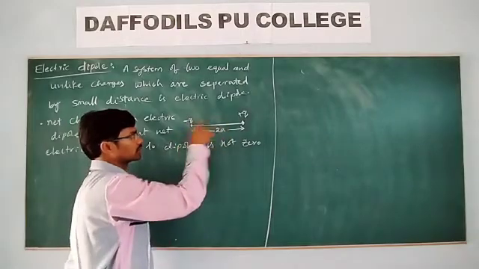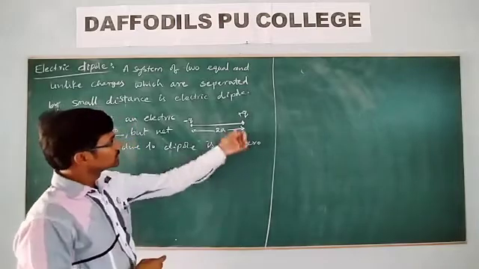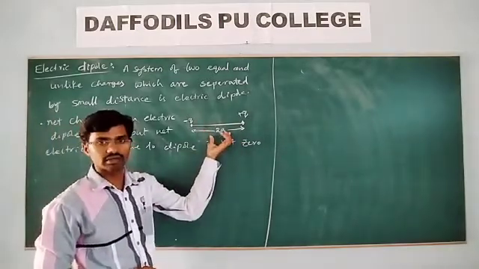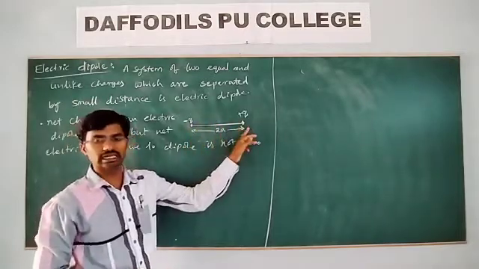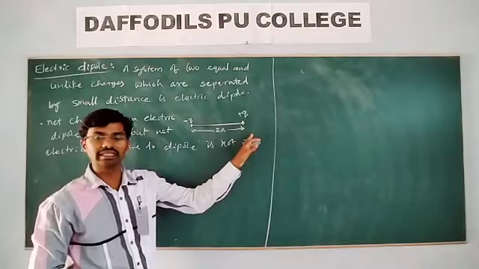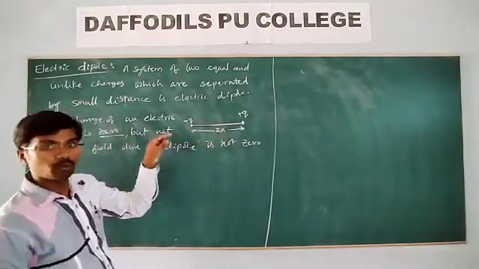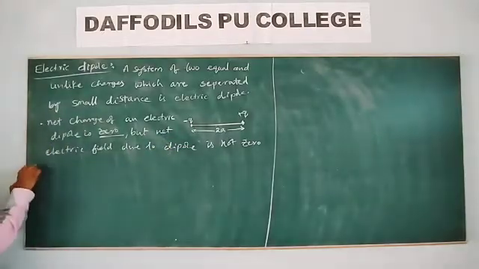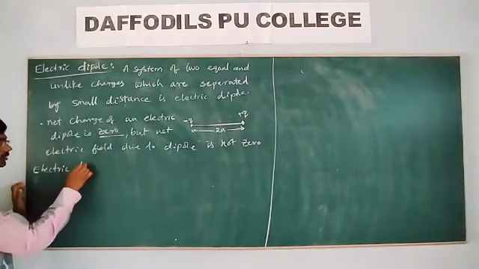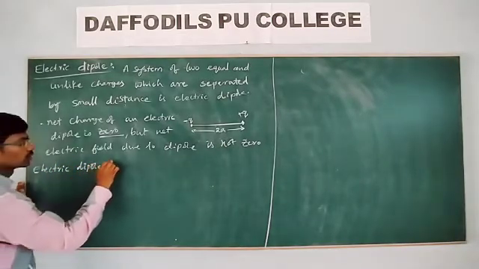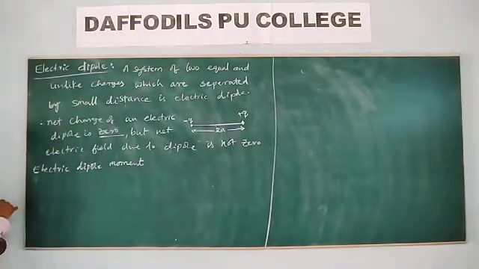Even, let us take here two charges. Then we consider the product of the magnitude of either charge and the separation between the two charges. The product of the magnitude of either charge and the separation between them is called electric dipole moment. So what do you mean by electric dipole moment?